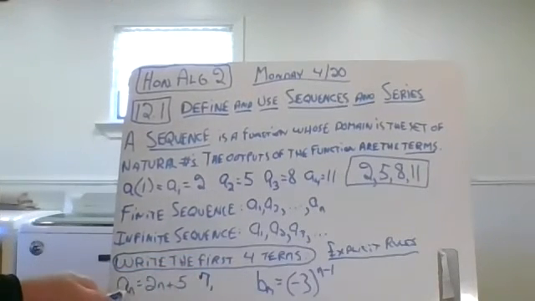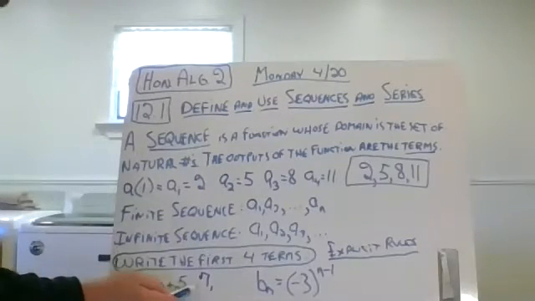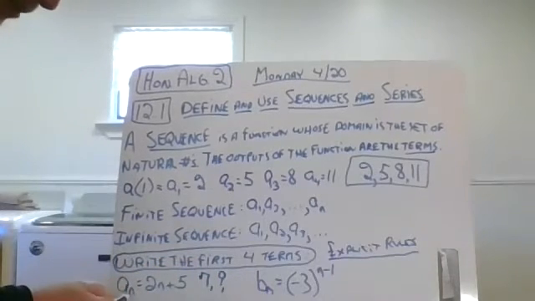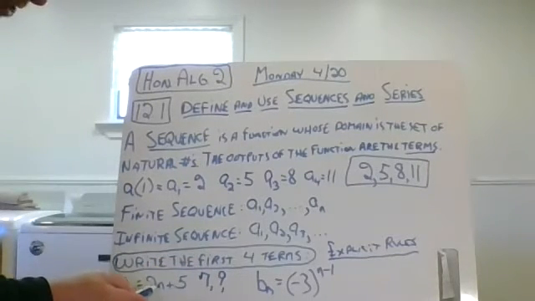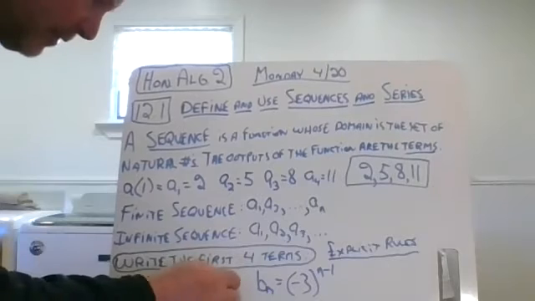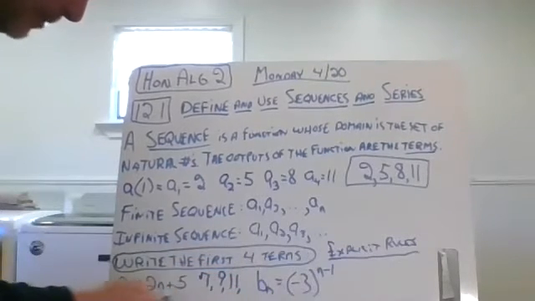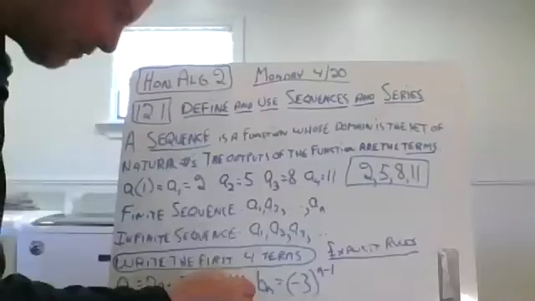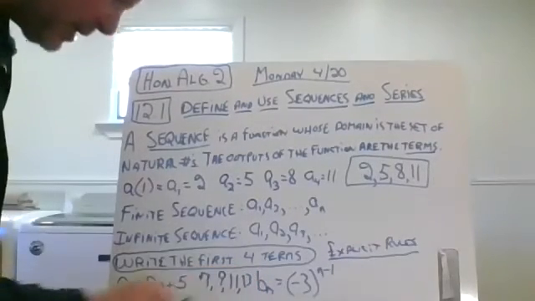What is A sub 2? 2 times 2, 4 plus 5, 9. A sub 3, 2 times 3, 6 plus 5, 11. And A sub 4, 2 times 4, 8 plus 5, 13.